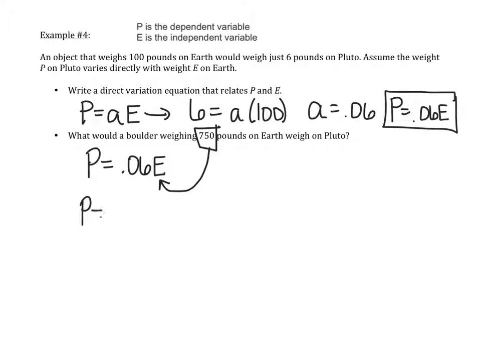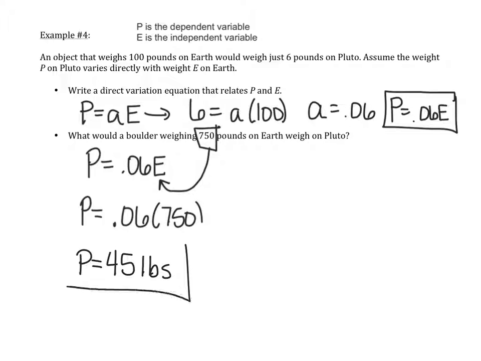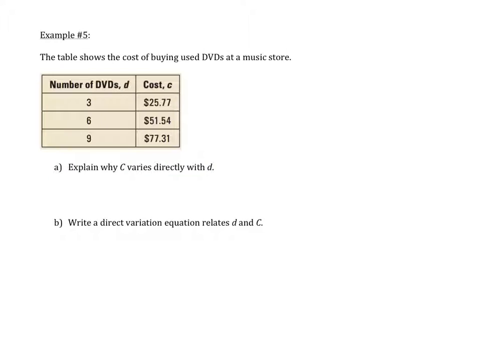So I'd have P equals 0.06 times 750, which is equal to 45. And the label would be pounds, so it'd be 45 pounds on Pluto. So if something weighs 750 pounds on Earth, it would weigh 45 pounds on Pluto, since the gravitational pull from the sun is less on Pluto than it is on Earth, since Pluto is a lot further from the sun than the Earth is.